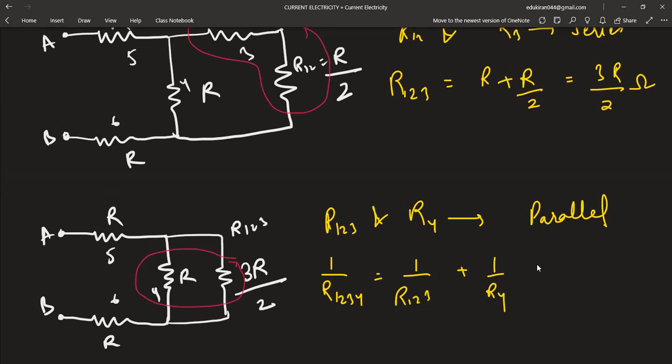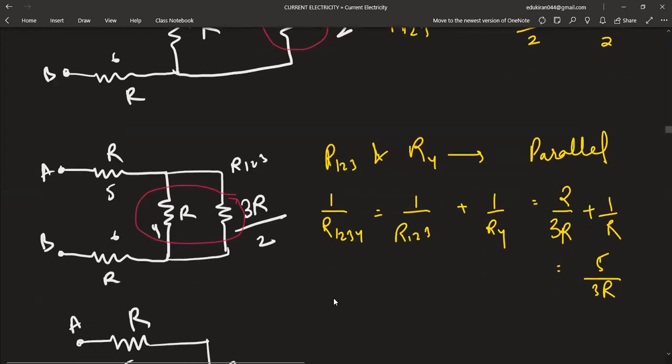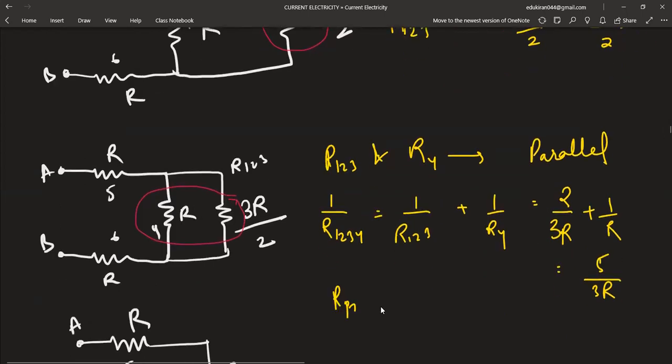So this is 2 by 3R plus 1 by R. So this is 3R, this is 2 plus 3, that is 5. So equivalent resistance is 3R by 5. R1234 is 3R by 5.